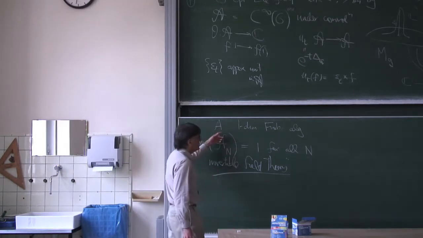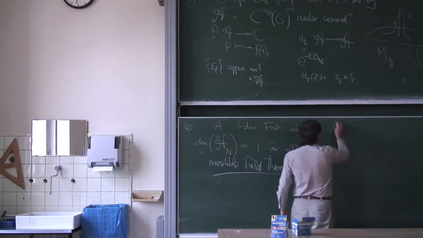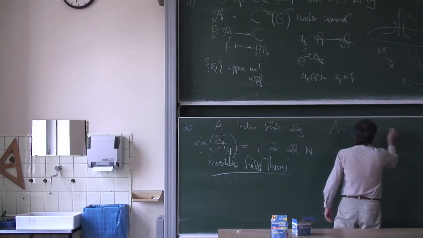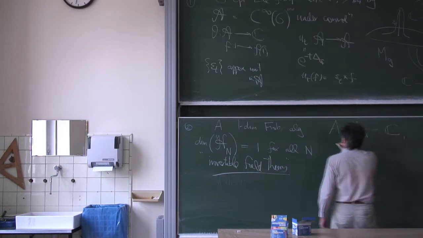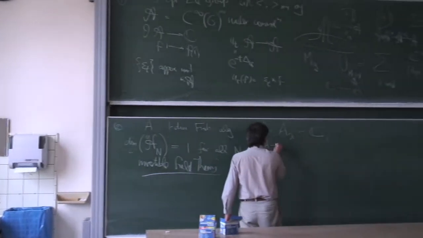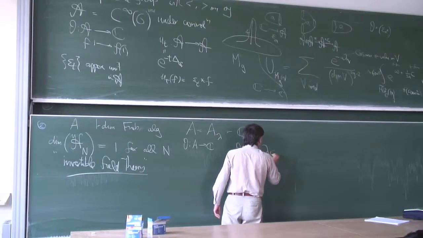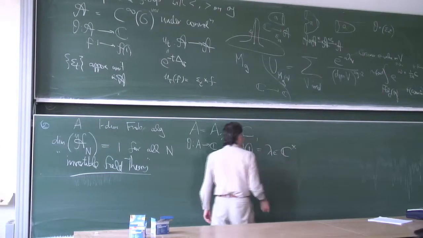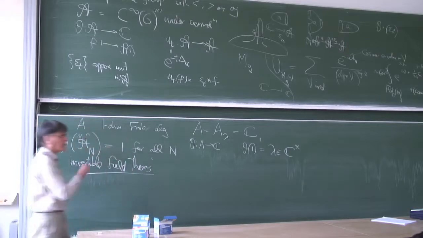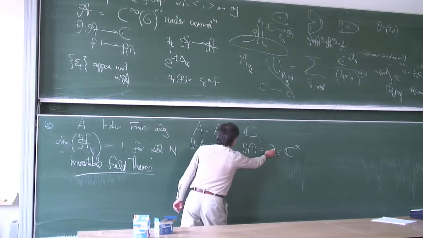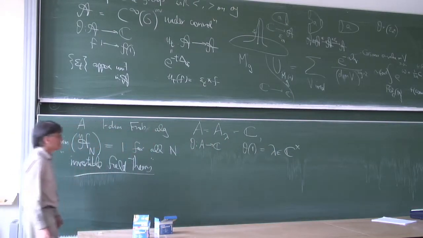Well, in this case, this means that A is necessarily A sub lambda, where lambda is some non-zero complex number, and the linear form is x maps to lambda. And if we make it a unitary theory, that number will be on the unit circle. So I mainly think of unitary theories where this is on the unit circle, but that's strictly speaking optional.